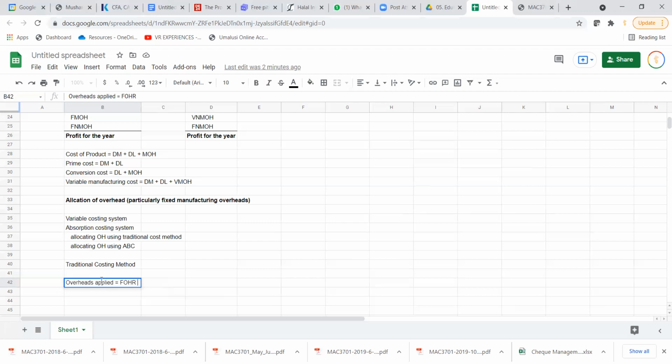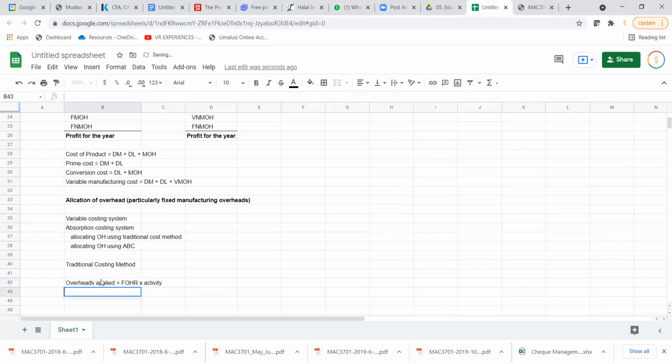Overheads applied refers to the amount of fixed costs that you allocate to the cost of a product. So you say overhead rate multiplied by activity. I'll explain now what is activity.